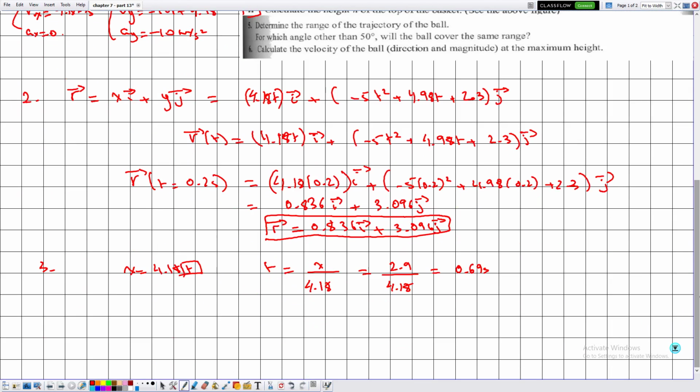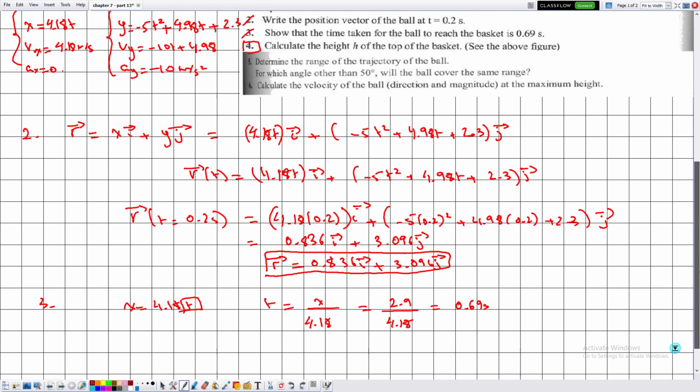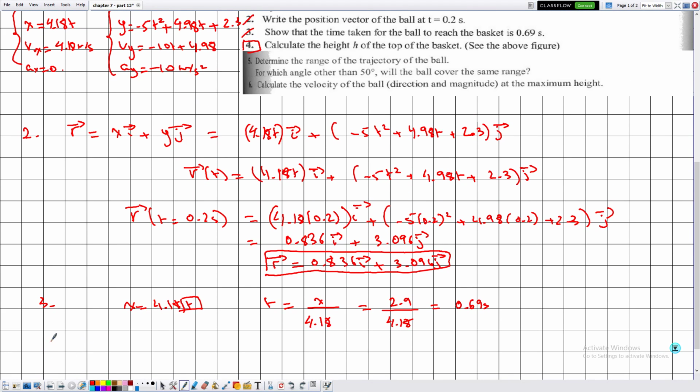Let me copy the dependence of y on time, which is y is equal to minus 5t squared plus 4.98t plus 2.3.